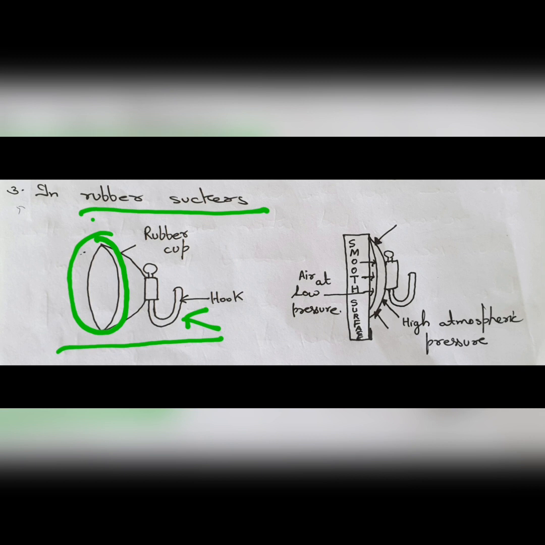When we want to fix it on the wall, we press it hard, and this concave rubber cup gets flattened, and the majority of air will come out, and the very high atmospheric pressure outside will keep this rubber cup fixed on the wall, and we can hang anything on the hook.